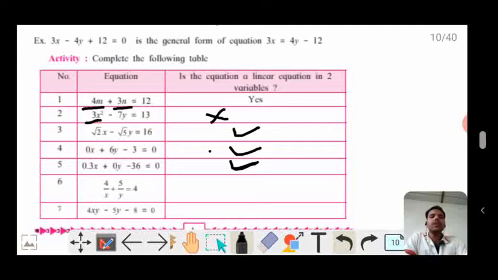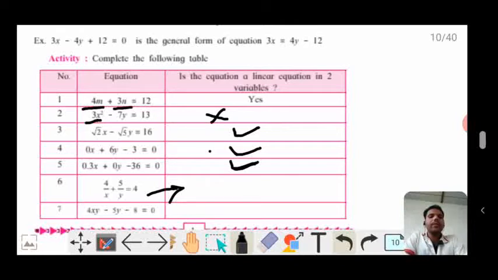We can reduce this equation to a simple form by making the below term the same. So how can we reduce this equation to simple form?